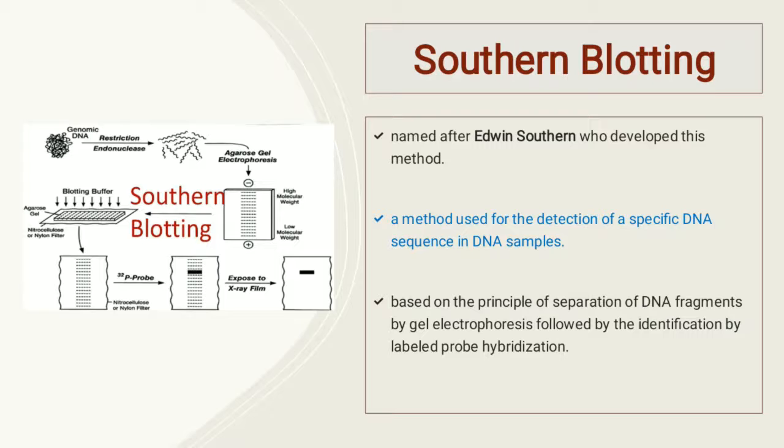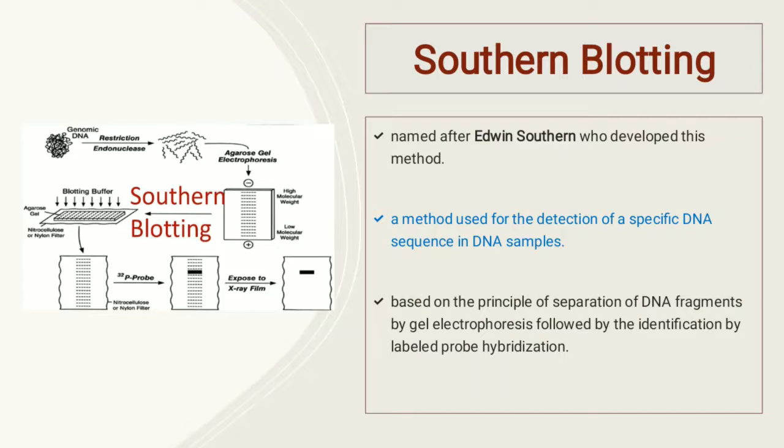In this figure, you can see that you will load your samples towards the negative electrode. Then you will apply an electric current. Because the backbone of the DNA is negatively charged, the macromolecule will tend to move towards the positive electrode.